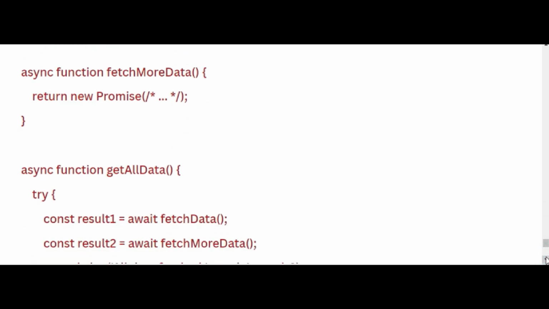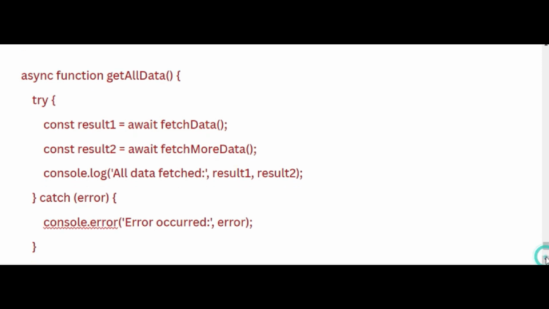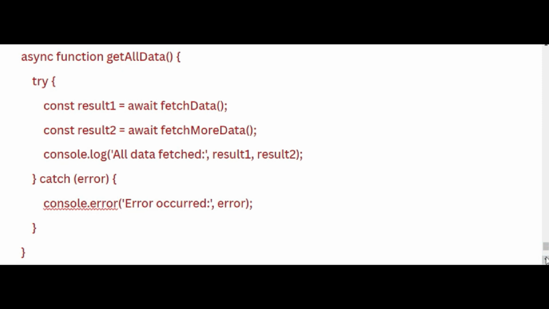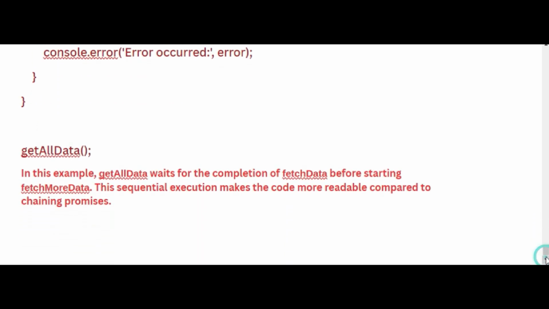Async function fetchMoreData returns a new promise. Async function getAllData: try { const result1 = await fetchData(); const result2 = await fetchMoreData(); console.log('All data fetched', result1, result2); } catch (error) { console.error('Error occurred', error); }. In this example, getAllData waits for the completion of fetchData before starting fetchMoreData.